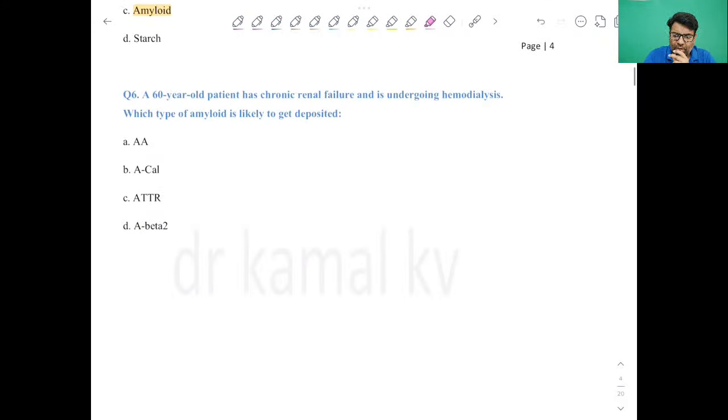Then moving forward, a 60-year-old patient is a case of chronic renal failure and is undergoing hemodialysis for the same. So there is a possibility that there might be deposition of some type of amyloid here. Now what can be that amyloid subtype which will be deposited in a case of hemodialysis?